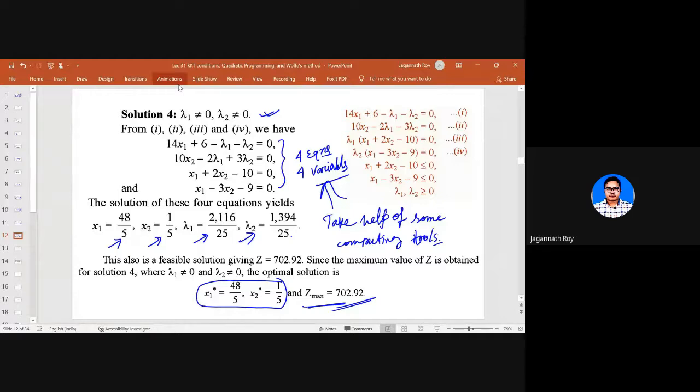So this is how we can use Kuhn-Tucker conditions for nonlinear programming problems with more than one inequality constraint.